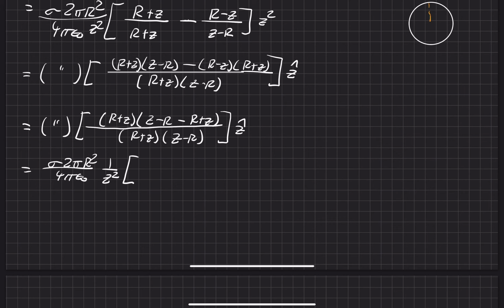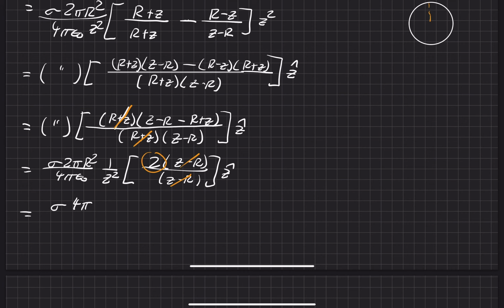So we cancel out the r plus z, and all that's left is a 2 times z minus r, then the z minus r here. Convenient again, cancel that out. All that's left now is a 2, and this is the whole reason why I left that 2 out in front.